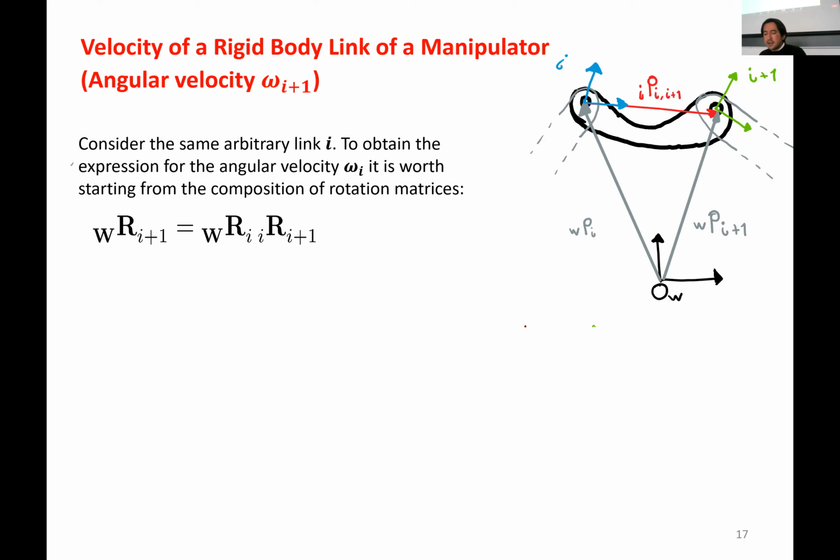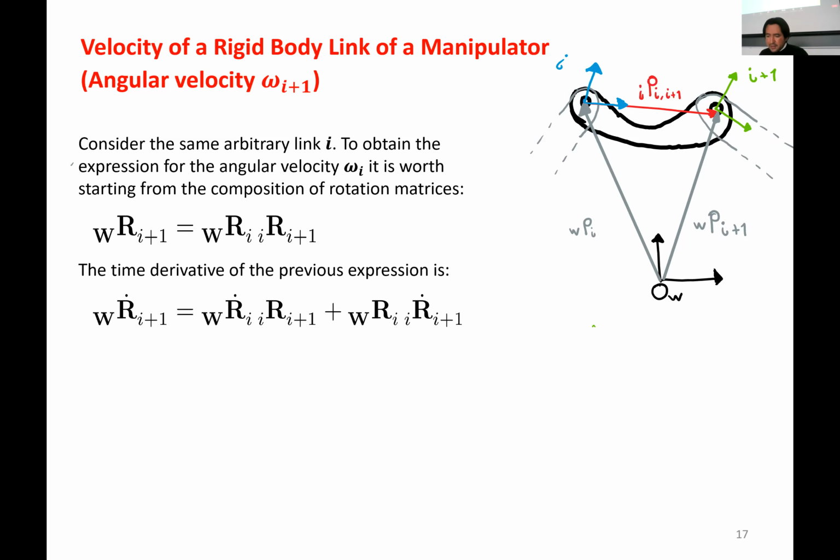If we want to get the rotation matrix of link I plus 1, we can take the rotation matrix of the predecessor link, which is the one on the left of the right-hand side of the equation, multiplied by the composite rotation matrix from I to I plus 1. Since we're interested in velocities, we take the time derivative of this expression, and by the chain rule we get these two terms here.